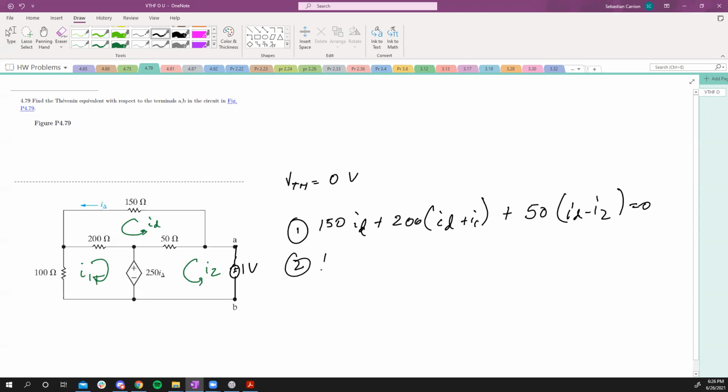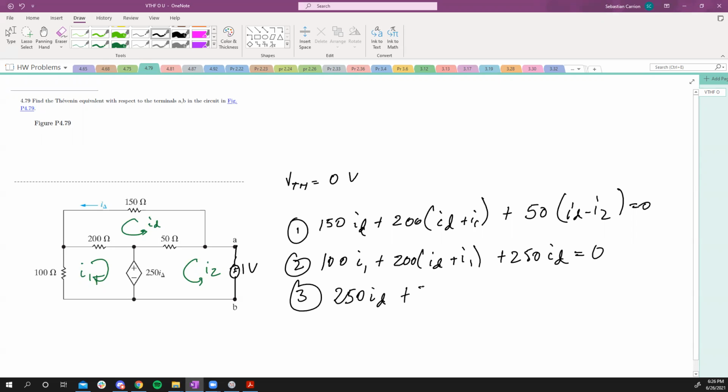Second would be 100 I1 plus 200 times I delta plus I1 plus 250 I delta equals 0. And then for our third loop, we have 250 I delta plus 50 I2 minus I delta minus 1 equals 0.